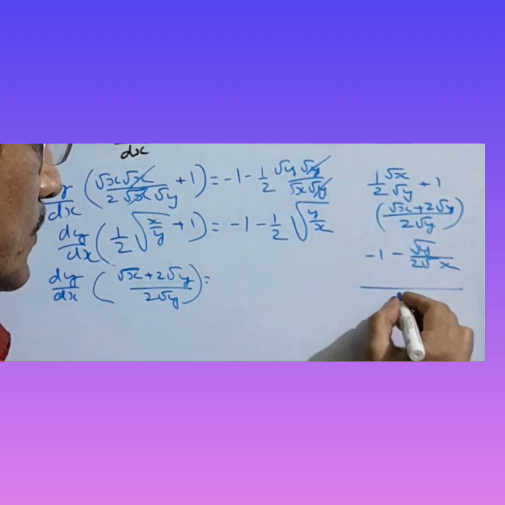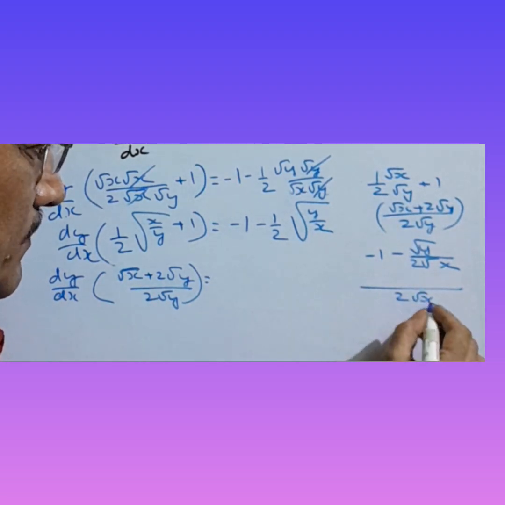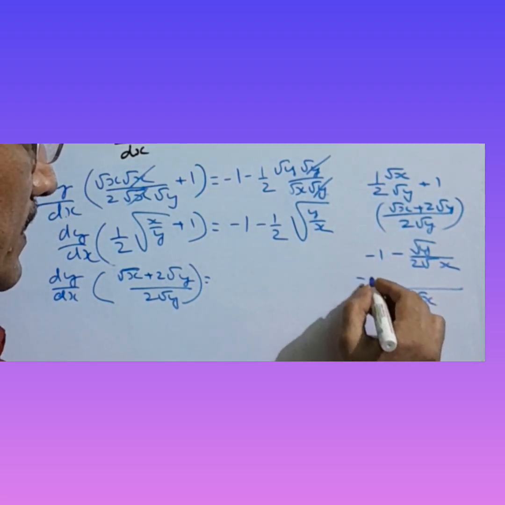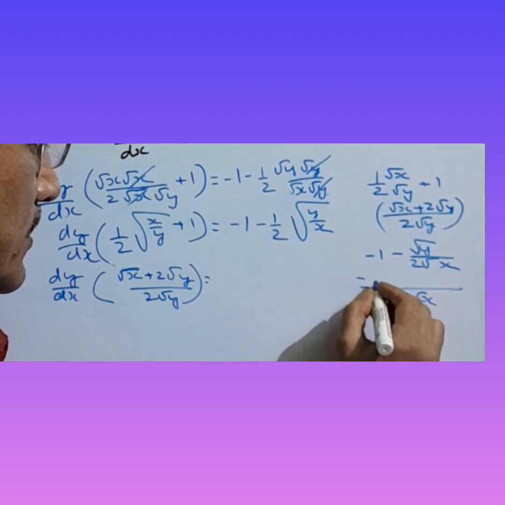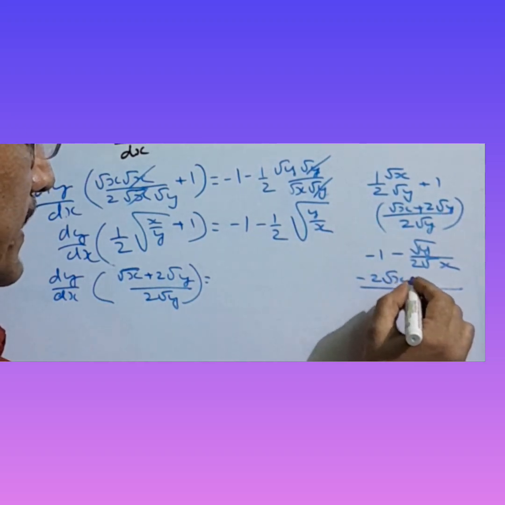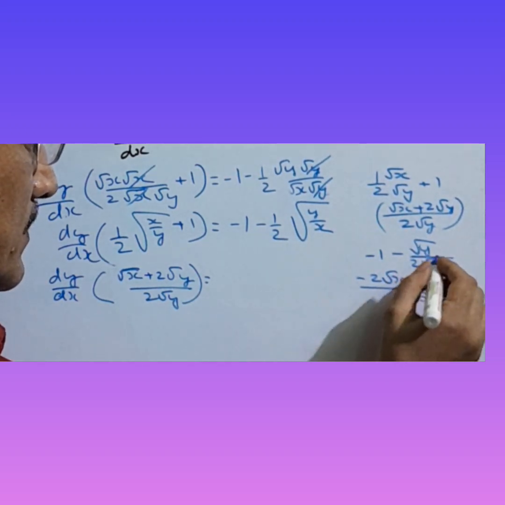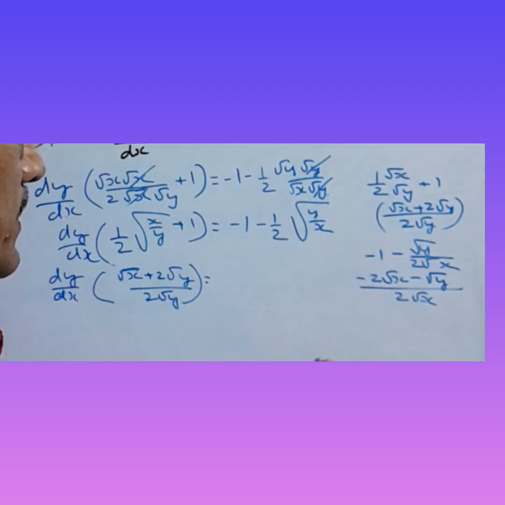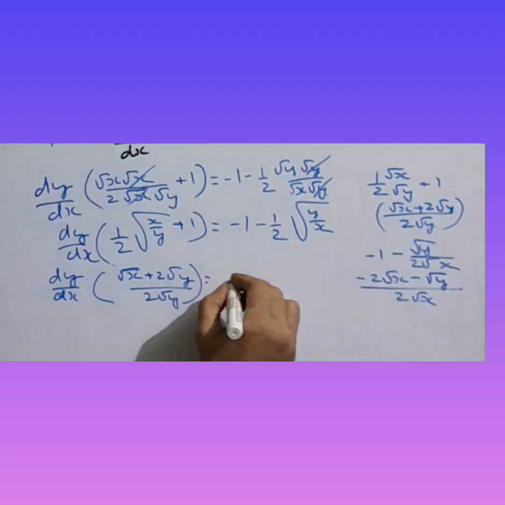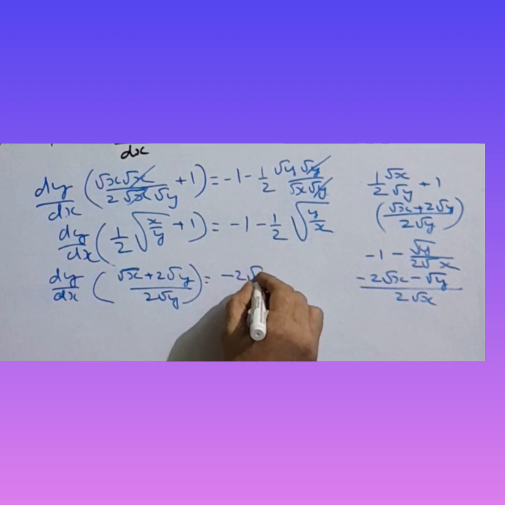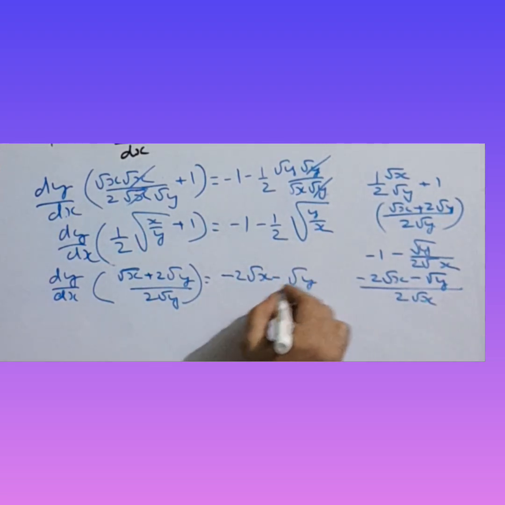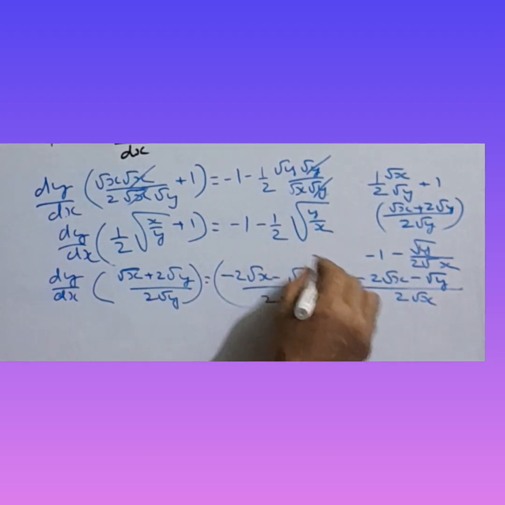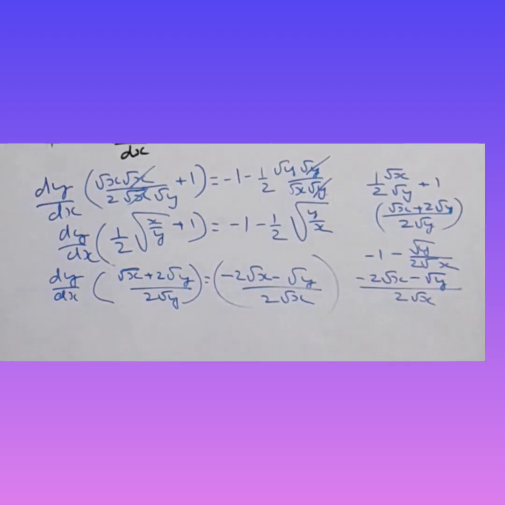When we take LCM, 2 root x is our LCM, and here it is 1 into this minus 1 into this, 2 root x minus this is 1, so minus root y. Alright, so this is what we can write over here. So it is minus 2 root x minus root y upon 2 root x. I hope it's clear. Alright, now what?